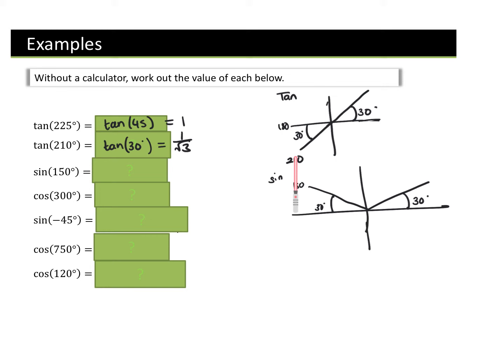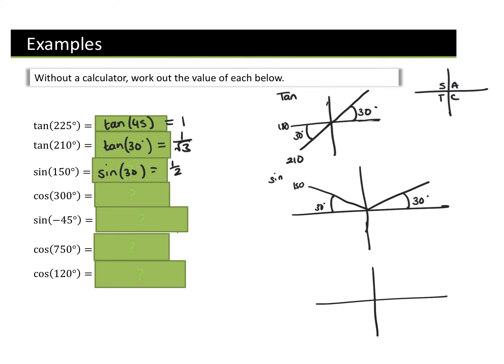With tan, we carry on the diagonal, and with cos, we reflect it in the horizontal line, because if we think about our diagram, C-A-S-T, we're looking for where it's positive. So sine of 150 is the same as sine of 30. Sine of 30, which we all know is a half.